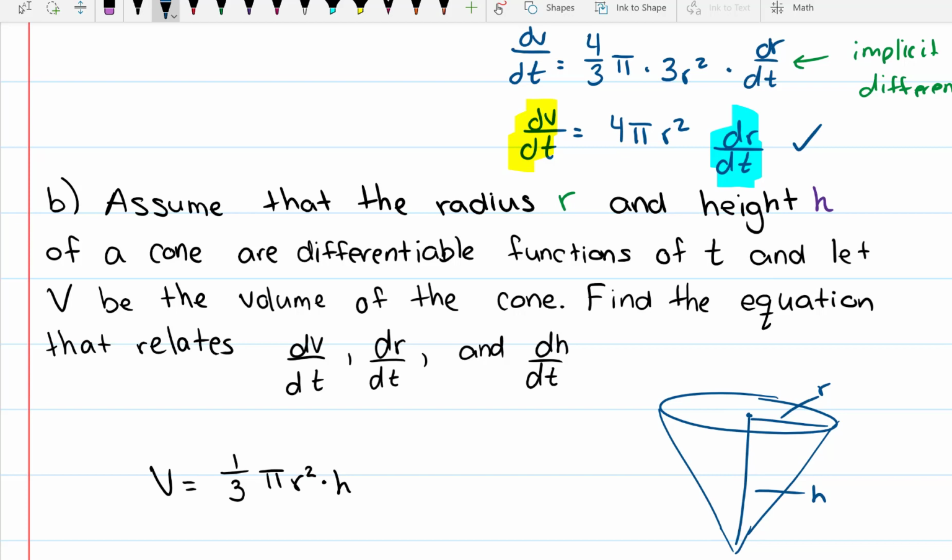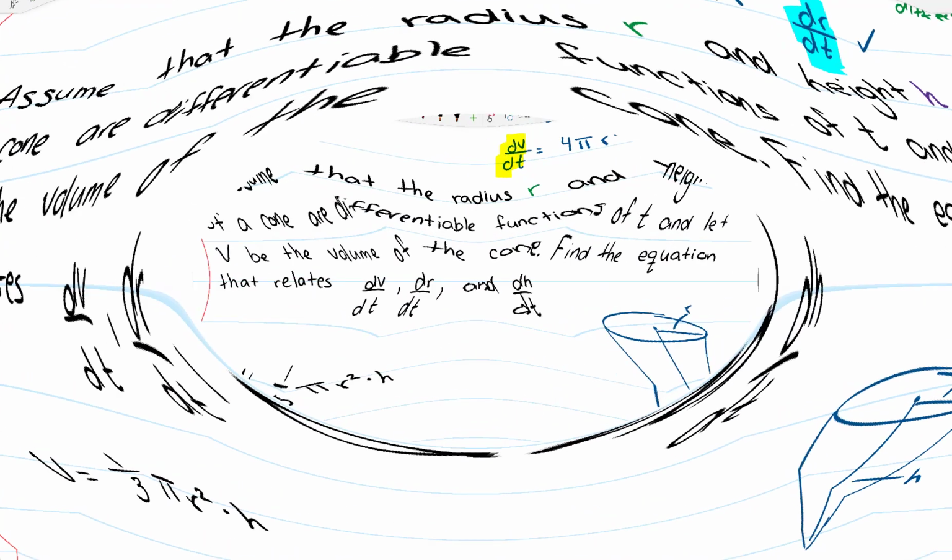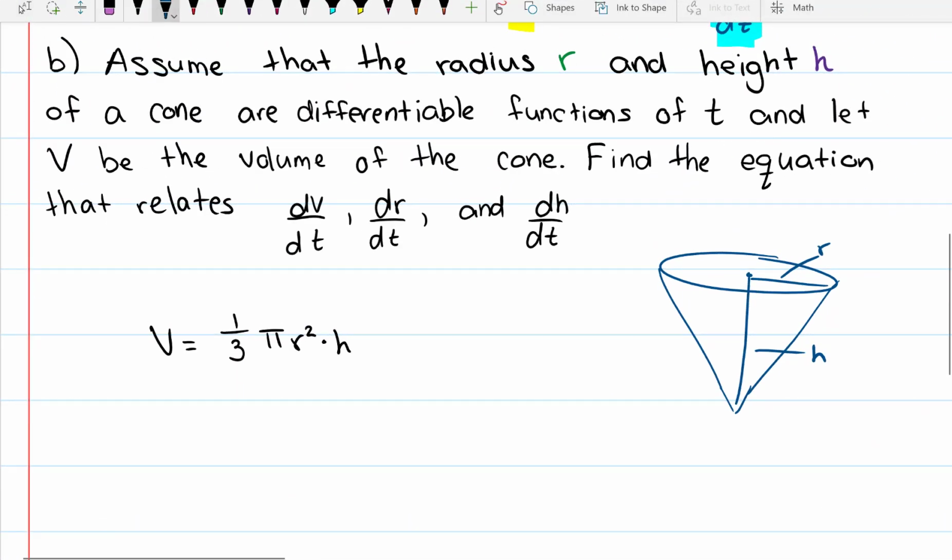So what I want you to do right now is try to take the derivative on your own. See if you can figure it out. Take a second, pause the video, and then unpause it when you're ready. Alright, here we go. So we get that dV/dt is equal to 1/3 pi. Those are constants, so they stay on the outside. Then, if you notice, I have two different variables here. That means I have to use the product rule because they're being multiplied.